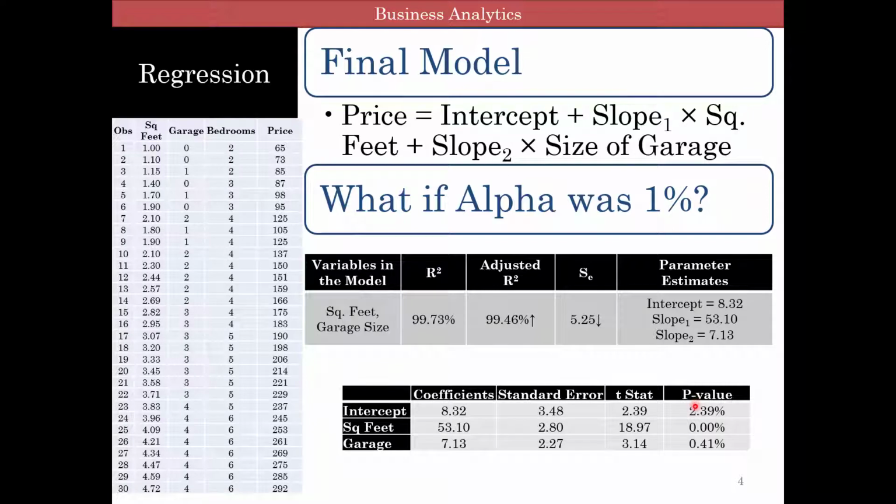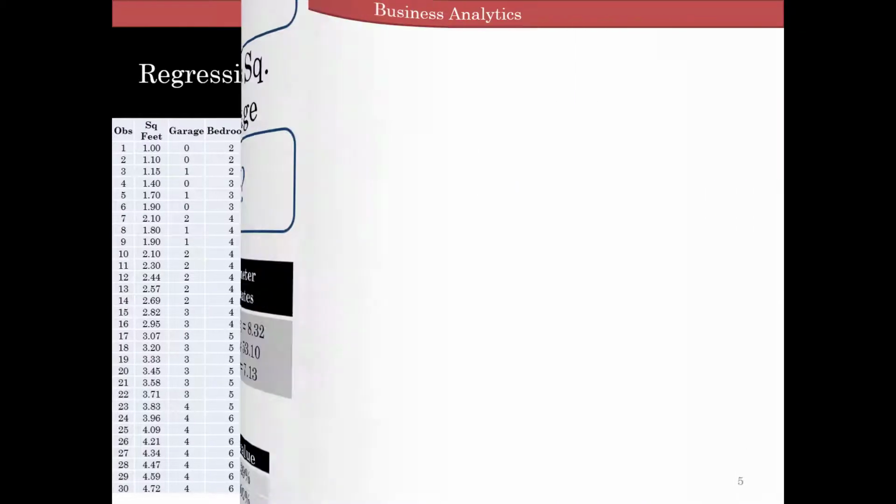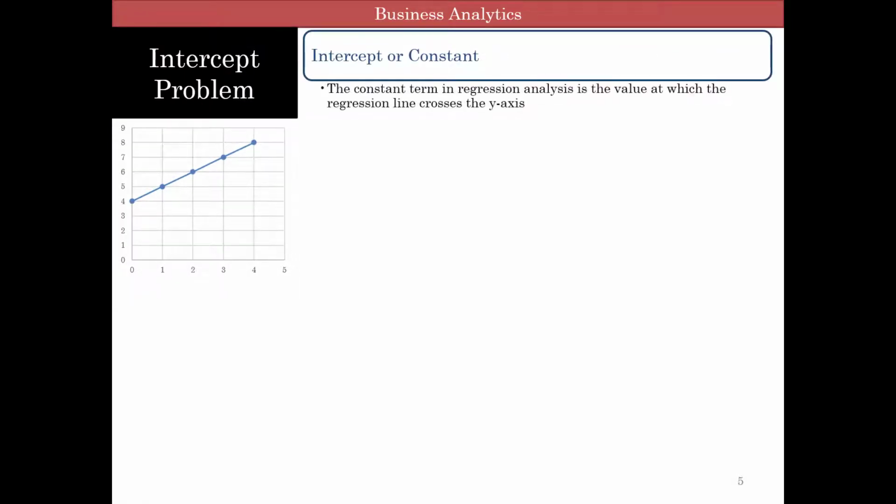So long as your alpha is 5%, you're okay. But what if your alpha was 1%? Then the intercept is not significant. Your square feet and garage are significant, but the intercept is not. So in this particular case, we would have to relook at the intercept.